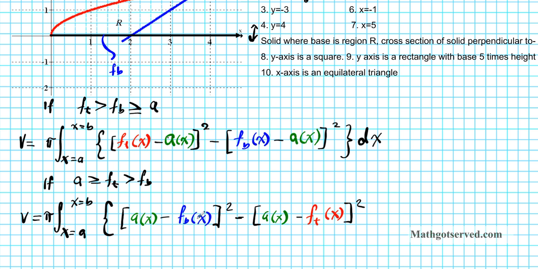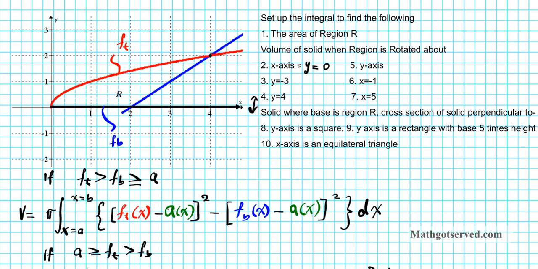So the outer disk minus the inner disk gives you the area of the washer, okay? If there's no inner disk, you just have a disk. So that whole business, dx. These are the two formulas for the volume of solids of revolution in the direction of the x-axis. That's why we'll have x's here. If it's in the y-axis, you just change your x's to y's and it's basically the same thing, okay?